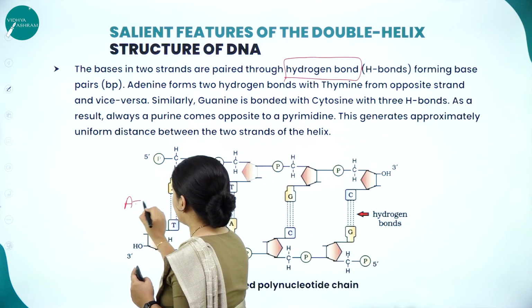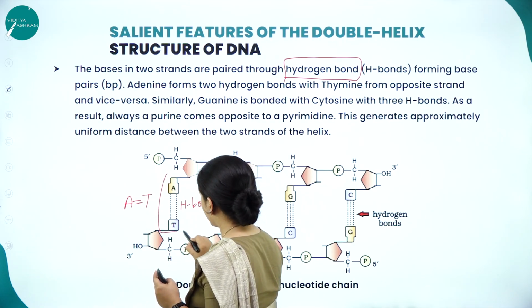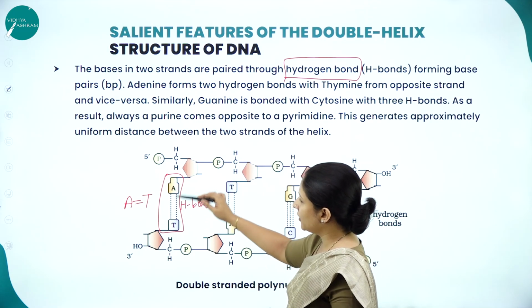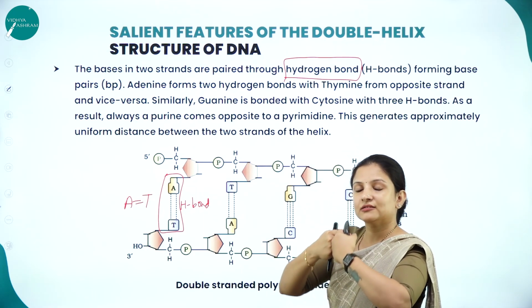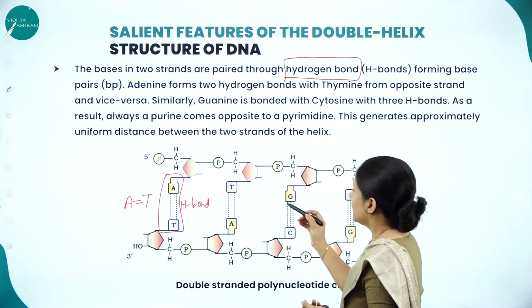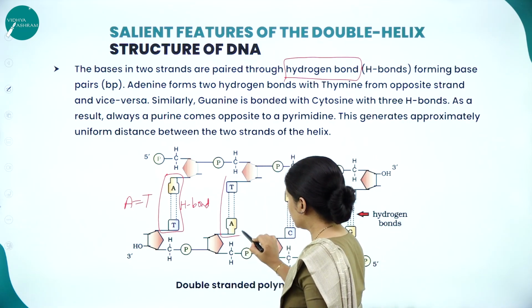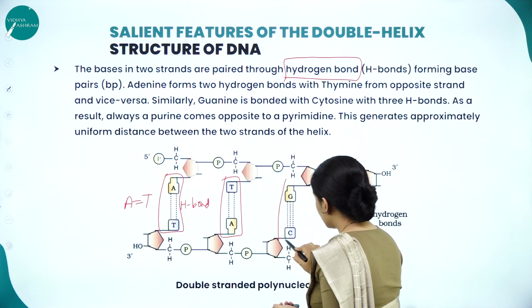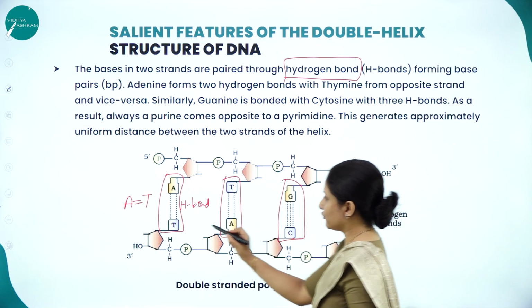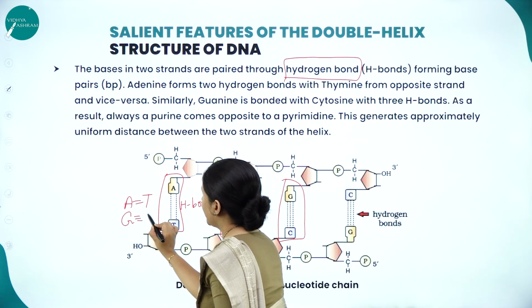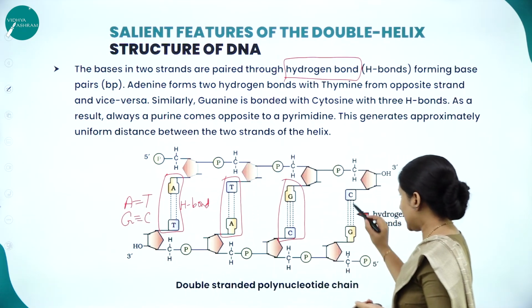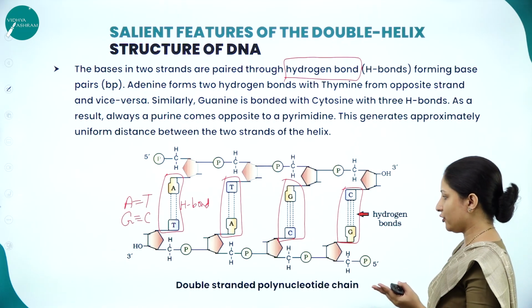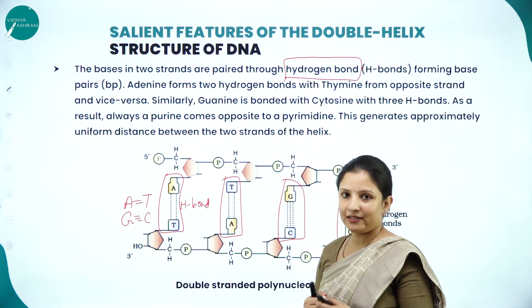That is why they form a bond, so the strands will not get separated. Similarly, thymine base pairs with adenine with 2 hydrogen bonds. Guanine base pairs with cytosine with 3 hydrogen bonds. In the same way, cytosine base pairs with guanine with 3 hydrogen bonds. So this is about how they are held together.